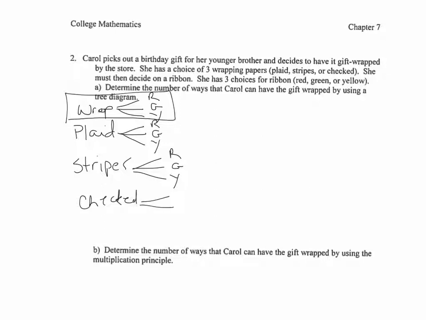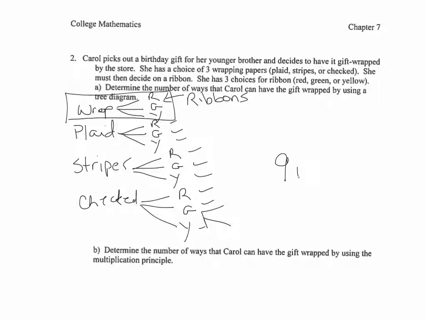And if she went with the checked, she's going to have a red, a green, or a yellow, because these are our ribbon choices. All we have to do now is count up in this column right here how many different letters we see representing the ribbon colors, and there's 1, 2, 3, 4, 5, 6, 7, 8, 9.